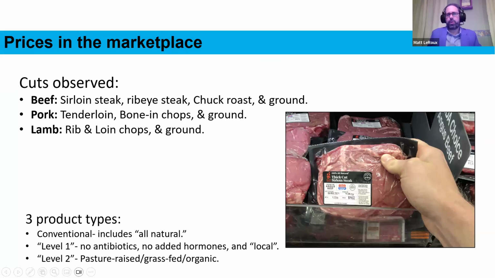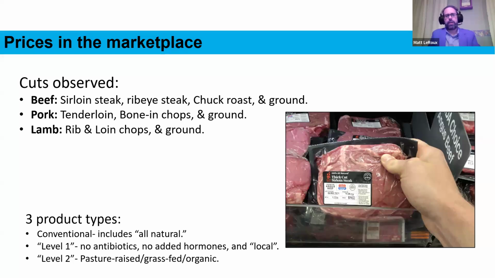And then we also sorted these cuts into some categories, depending on the claims on a label. So we wanted to get at the differences that come with different label claims. We had a conventional category, and that included any product that just said all natural, because all natural simply means minimally processed. And then we had level one, meaning one level of differentiation away from conventional.